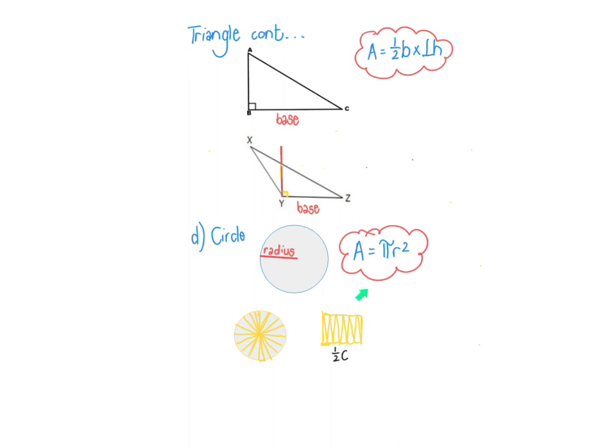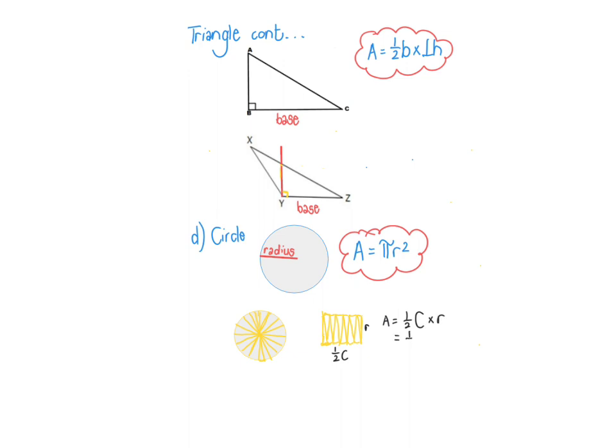Now usually a rectangle would be length times width, and therefore we take the measurement written on the length and the measurement written on the width, and we multiply them. So the area for this would be half of the circumference times the radius.